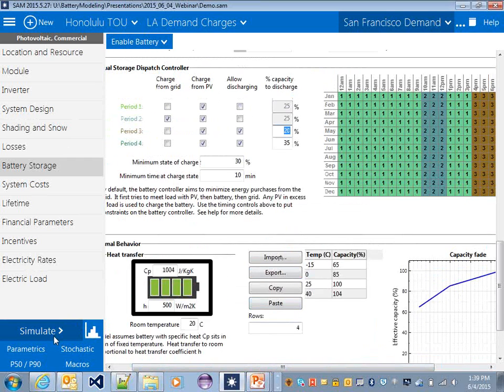By doing so, you, of course, reduce demand, but there's potential that you might run out of battery capacity, and then there might be another spike later on. And so it's certainly not optimal from a peak shaving perspective at this point.